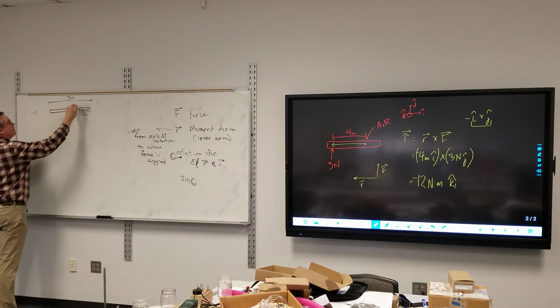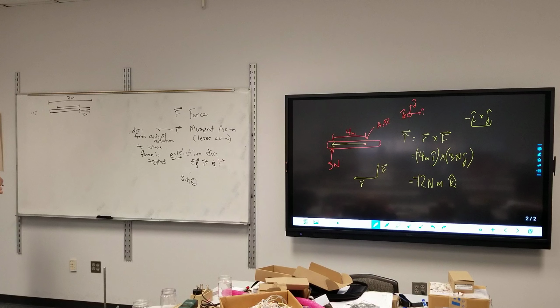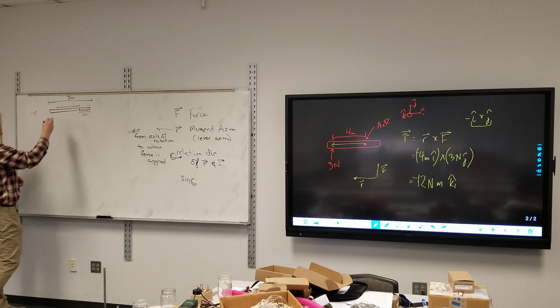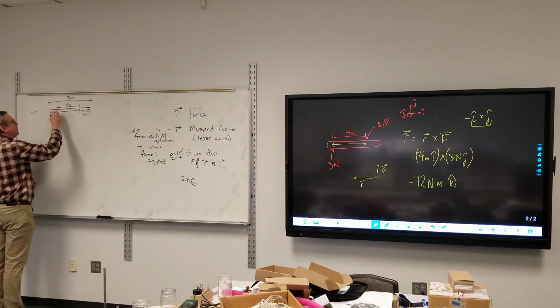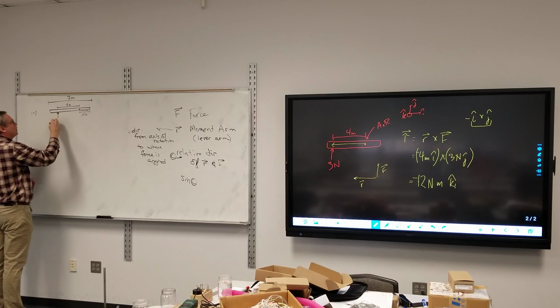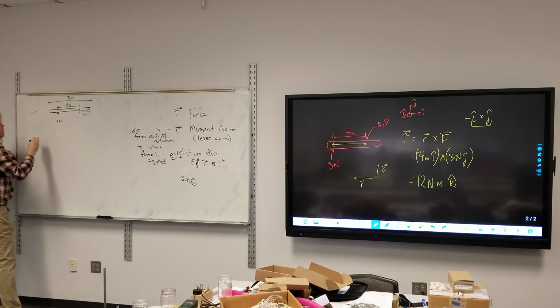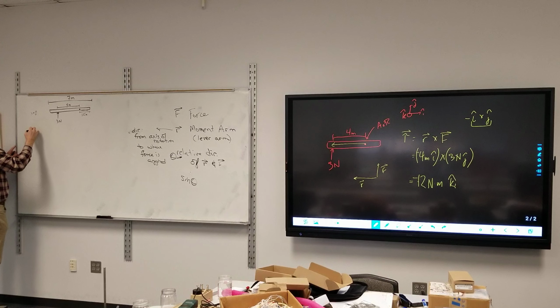And I apply a force 4 meters away. Make this 4 meters where a force is applied of 3 newtons. And give it a mass of, what number did I not use, Jeff? 6 kilograms.